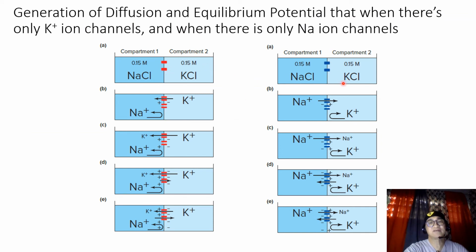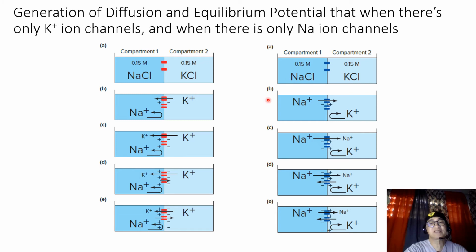This slide shows the theoretical establishment of a membrane potential that is affected by the concentration gradient of ions across a selectively permeable membrane.